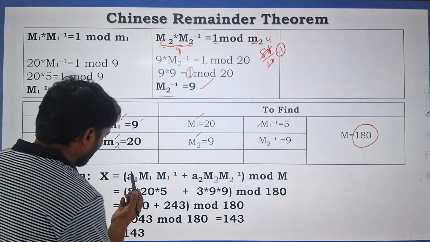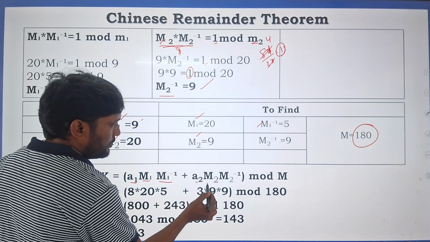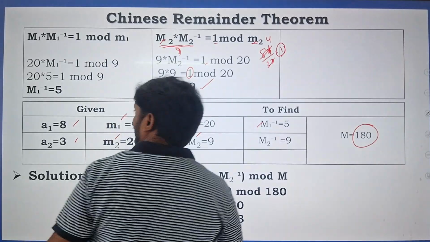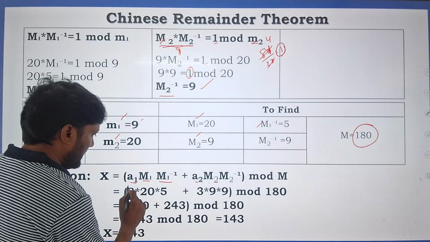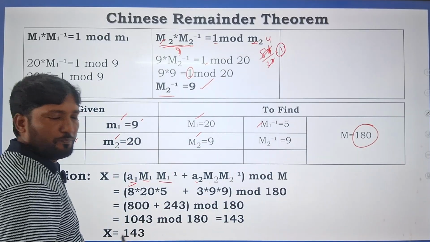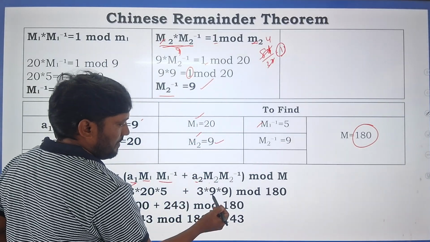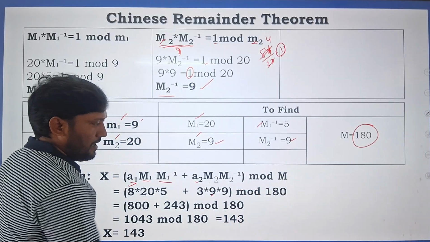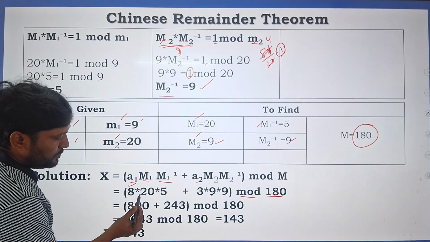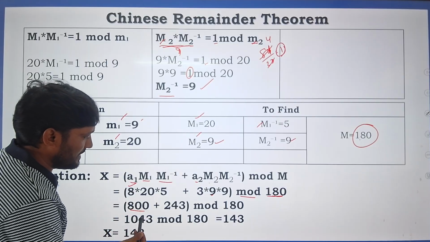So x equals a1 M1 M1 inverse plus a2 M2 M2 inverse mod capital M. Now substitute the values. a1 is 8, M1 is 20 and M1 inverse value is 5, plus a2 value is 3 and M2 value is 9, and M2 inverse value is 9, mod capital M, which is 180.